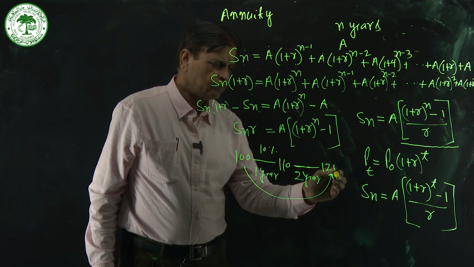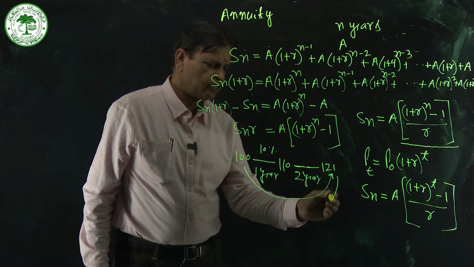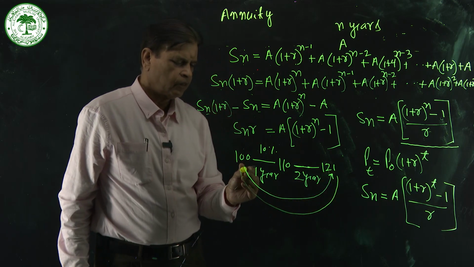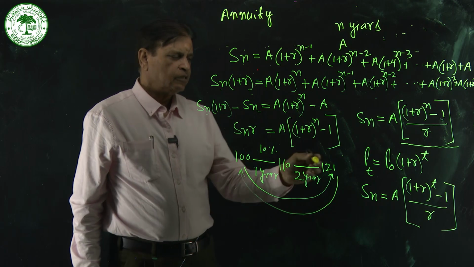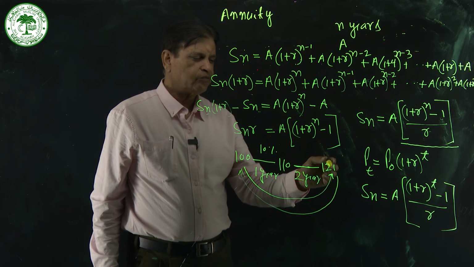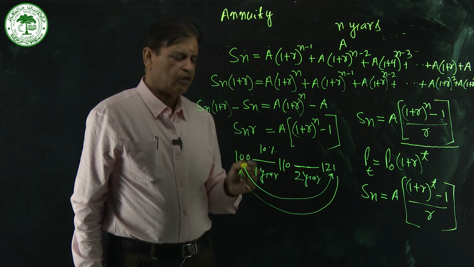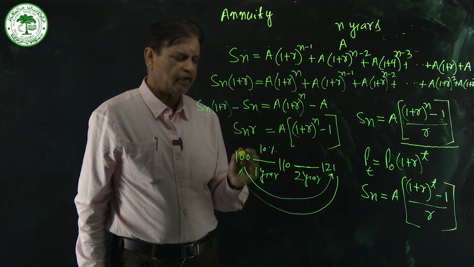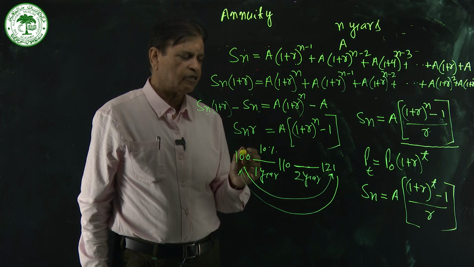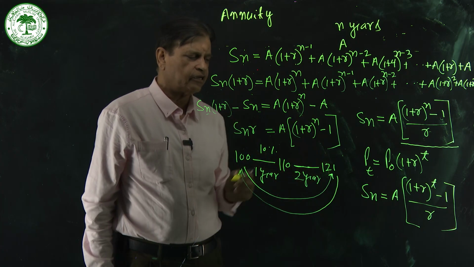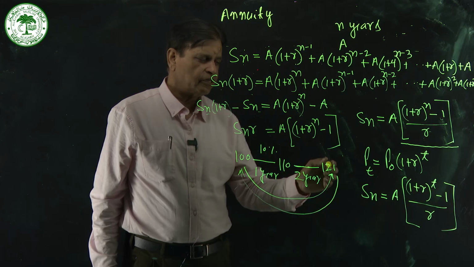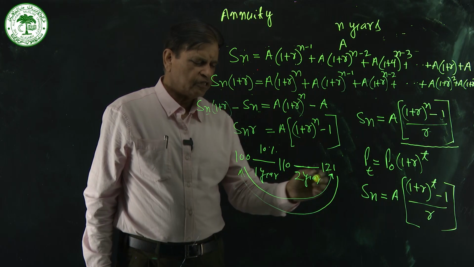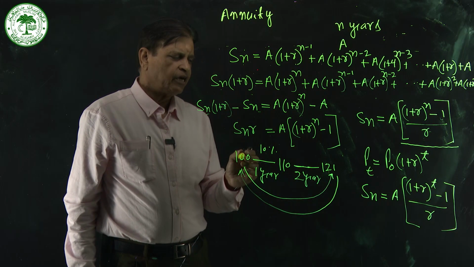Now if we find out the present value of this, that is the present value of 121, the present value of 121 is 100, because at present we have 100 and this 100 is growing and after 2 years it is becoming 121. So this 121, if you find its present value, it will become 100.